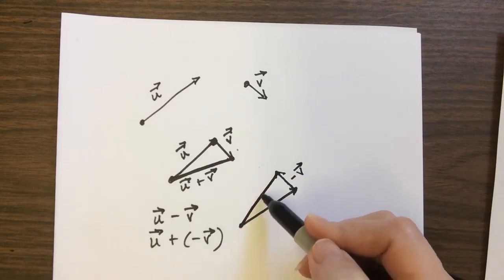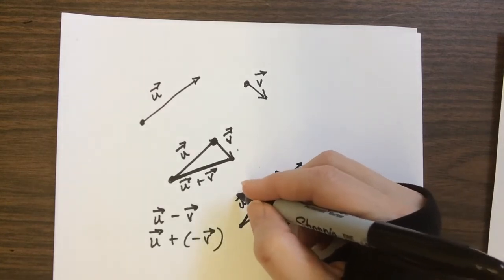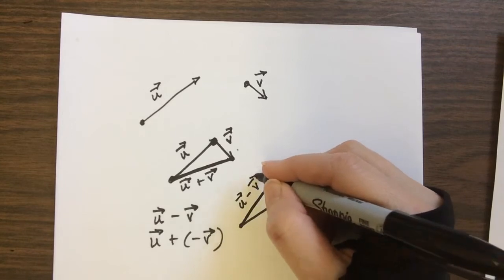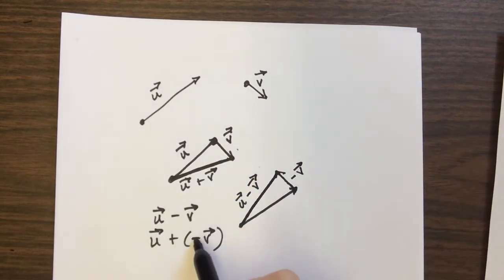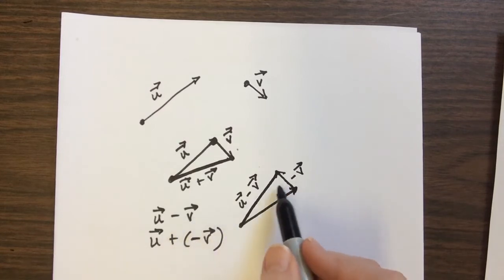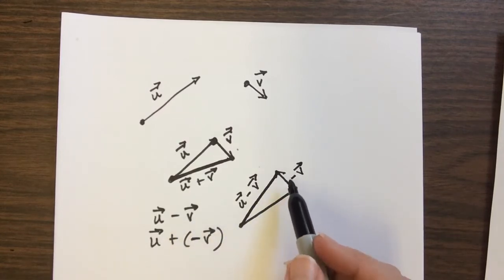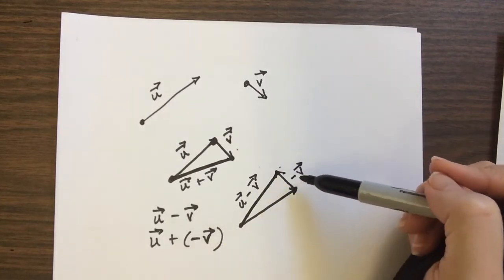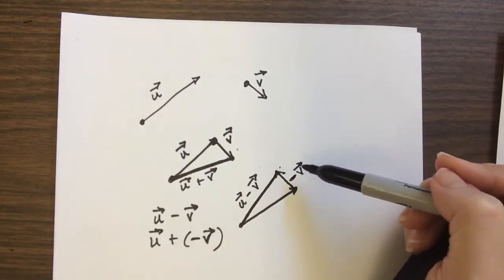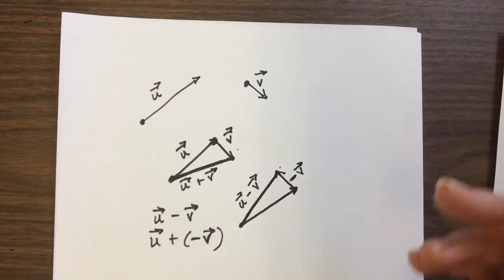So this forms my new vector. So this is u minus v. Alright, and that's not hard if you just remember that instead of subtracting and thinking, what does that mean? Just add the opposite. And remember that for a negative vector, you go in the opposite direction.